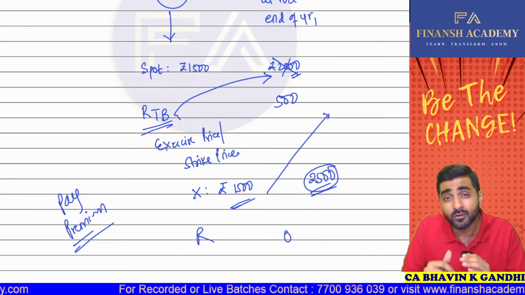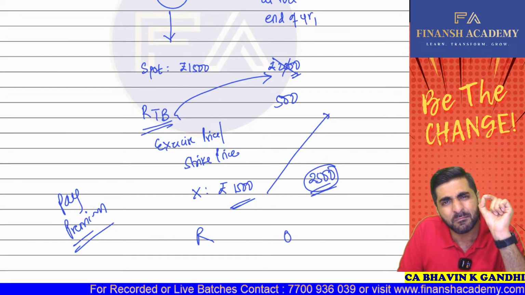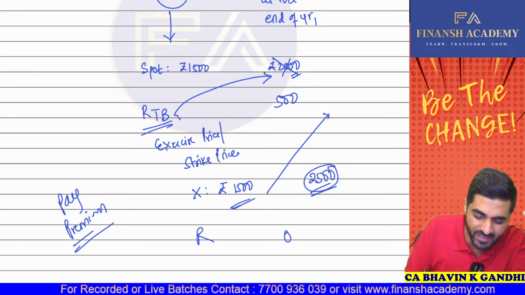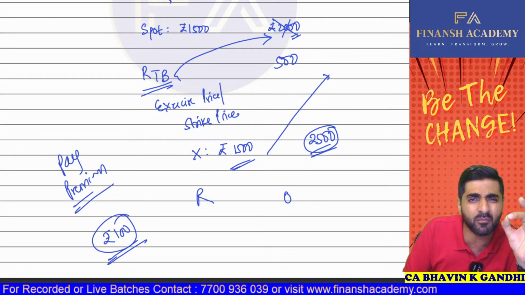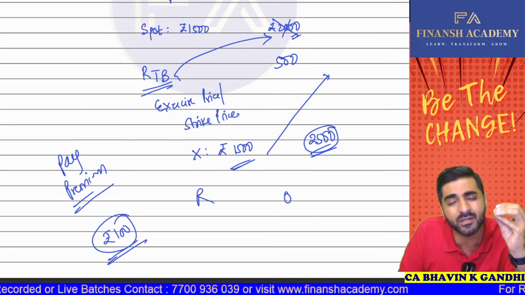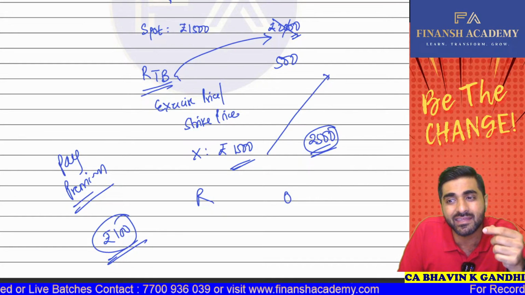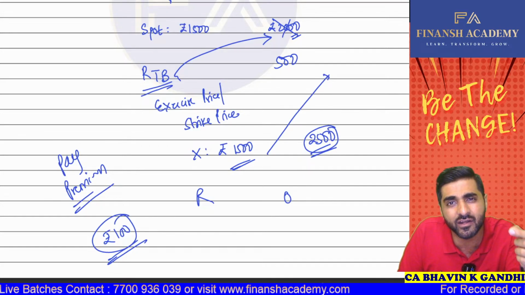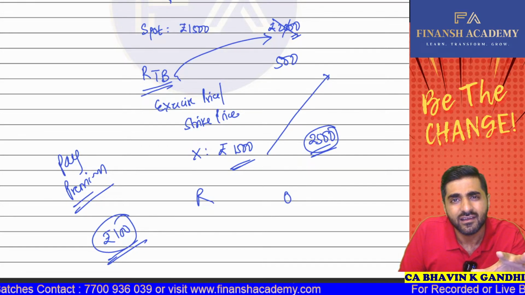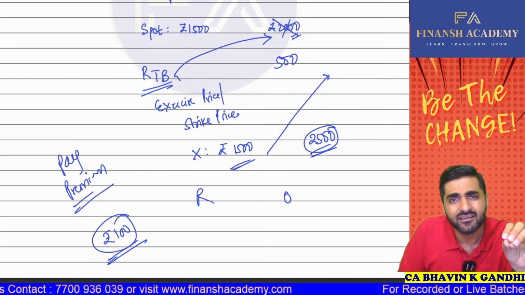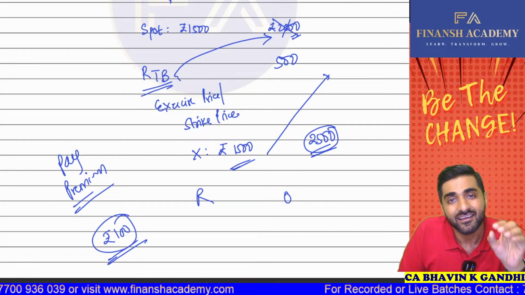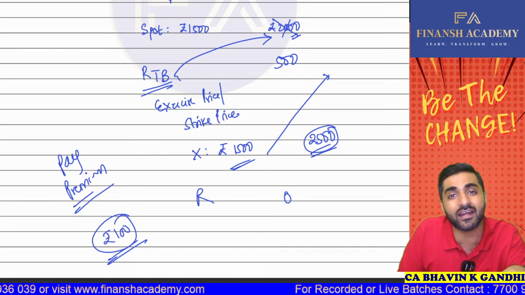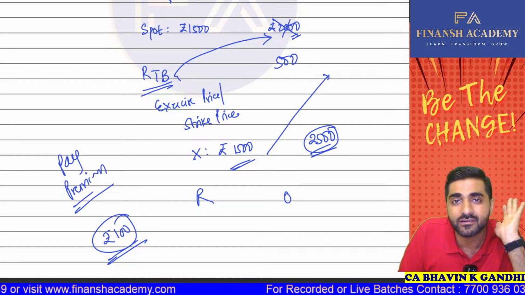I will now pay some premium, let's say 100 rupees. By paying a premium of 100 rupees, I guarantee that the opposite party is going to compulsorily honor this contract if I want to execute it.